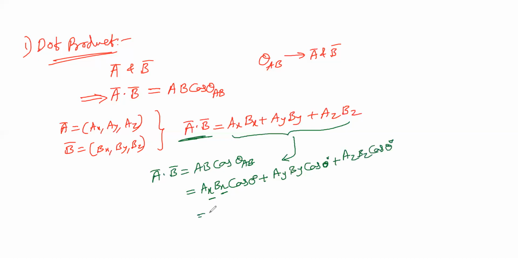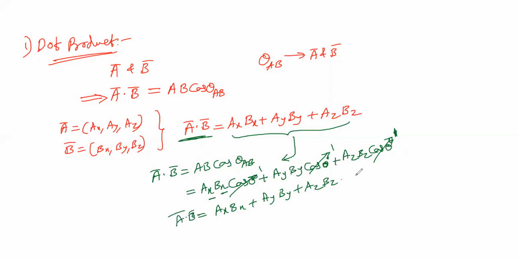From the standard trigonometric values, cos 0 degrees is equal to 1. So we can write ax bx plus ay by plus az bz. This is the final answer that was written directly.